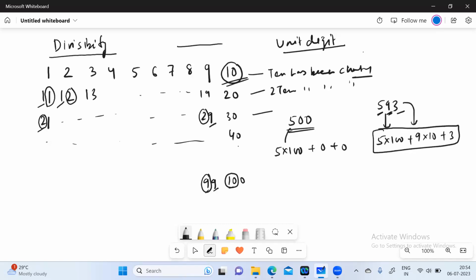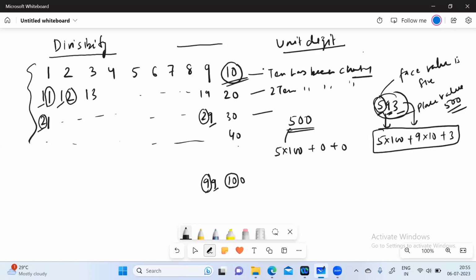We have already told you that 5 is a digit whose face value is 5 only, and the place value here for 5 is 500.